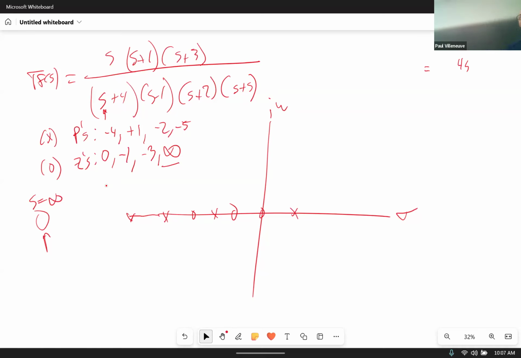So if we have poles or zeros in the complex plane, what type of poles or zeros do they have to have? When we have complex numbers for roots, what do they have to be? They have to be imaginary, but what else? You need a complex conjugate, right?